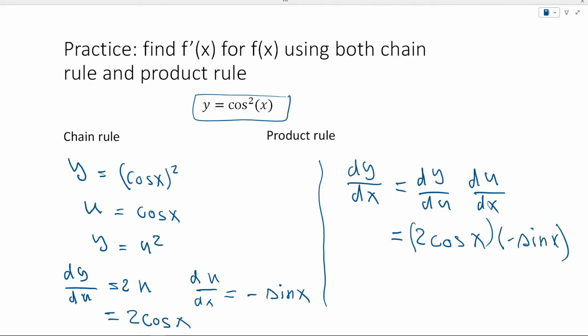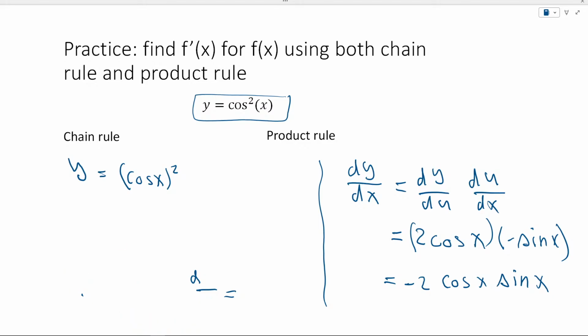So you get minus 2 cosine x sine x. That's the final answer. We used the chain rule. Let me write this final answer.